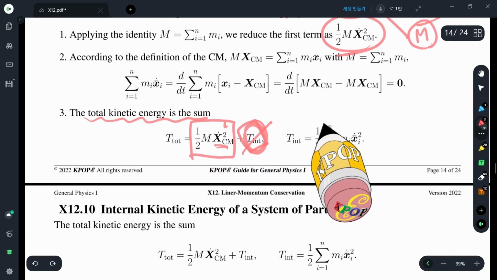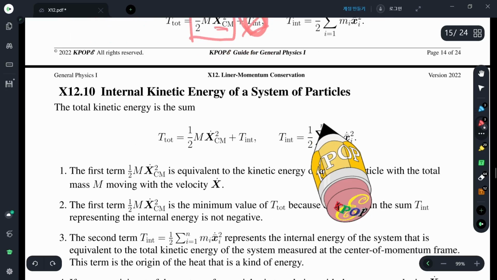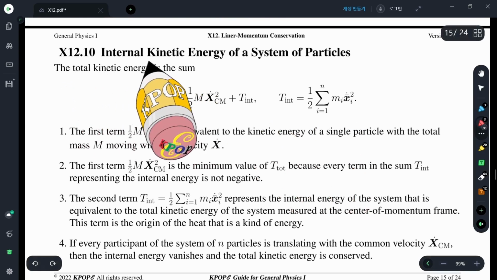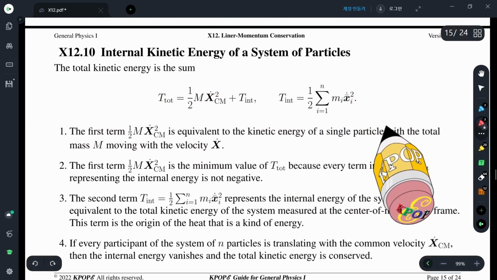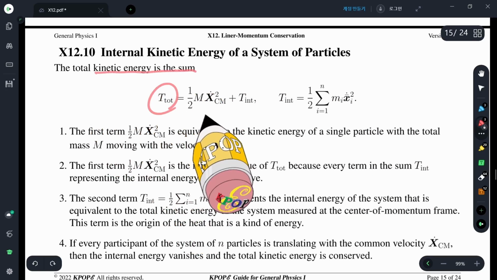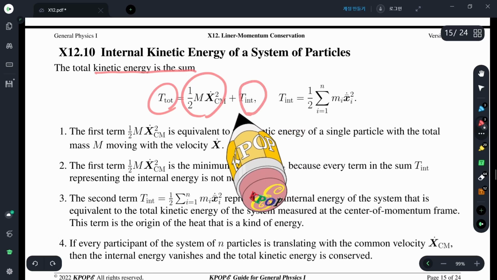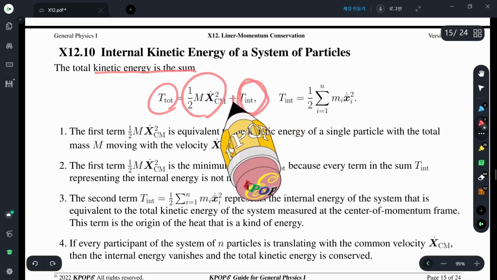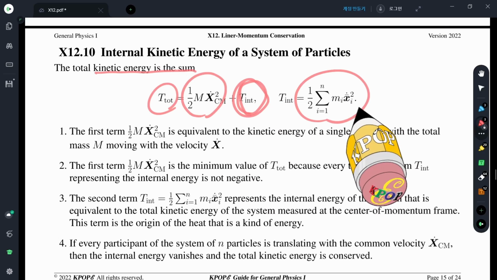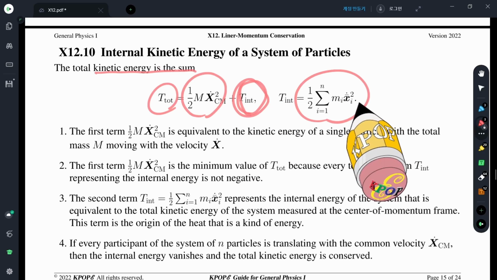So it is internal. That's the reason why we call it internal kinetic energy, the internal kinetic energy of a system of particles. Total kinetic energy of the system is now the simple sum of two contributions, and this internal energy is the kinetic energy relative to the center of mass.